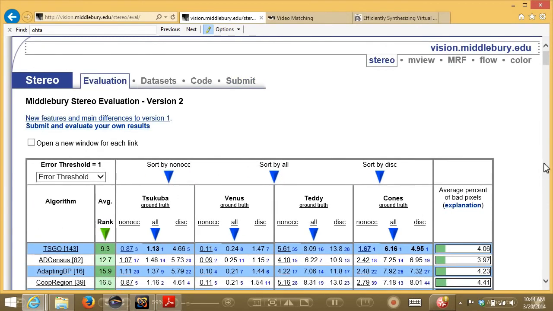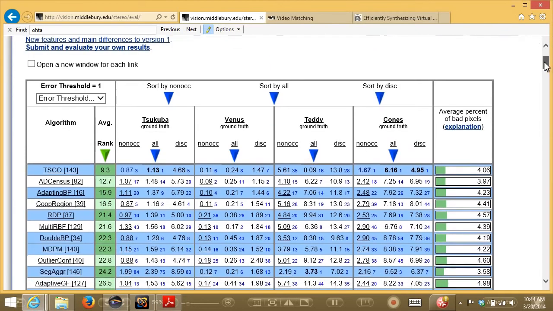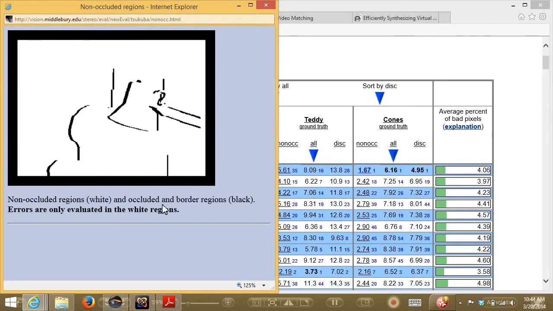And there are lots of ways of evaluating how good your stereo algorithm is. For example, this is looking at the quality of the performance over all the places where it is possible to estimate a disparity. Because it's not possible to give you a disparity number for something that is occluded in one image and visible in the other image, right?